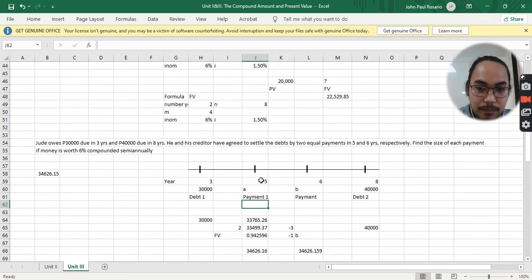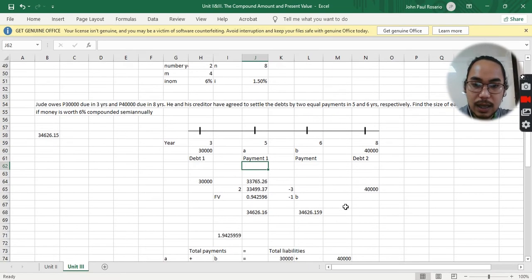So payment 1 and payment 2 are unknown. For this timeline, we have two different unknown figures. What you should do now is choose which perspective you will be focusing on. Is it year 5 or year 6? Either way, we will arrive at the same answer.